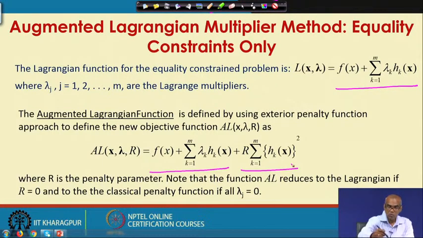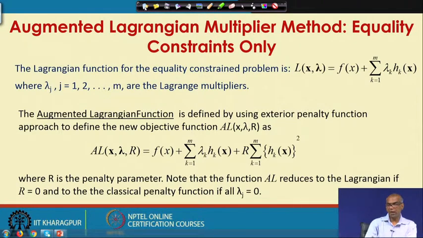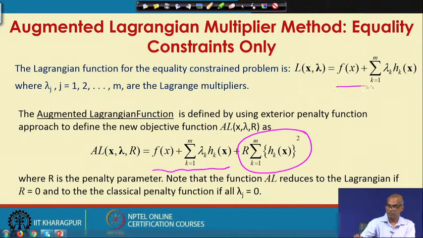Now, look at this augmented Lagrangian function. R is the penalty parameter. If the penalty parameter R is 0, then this term vanishes and what you obtain is nothing but the Lagrangian.